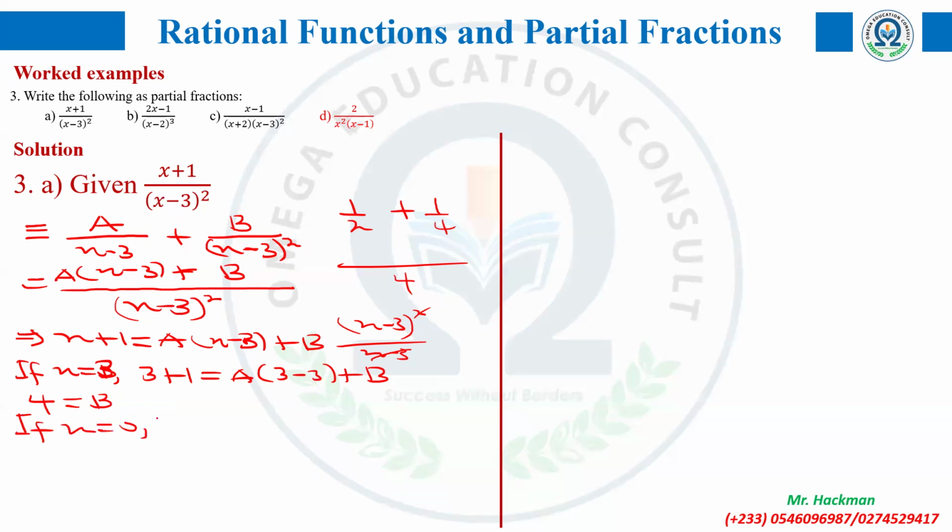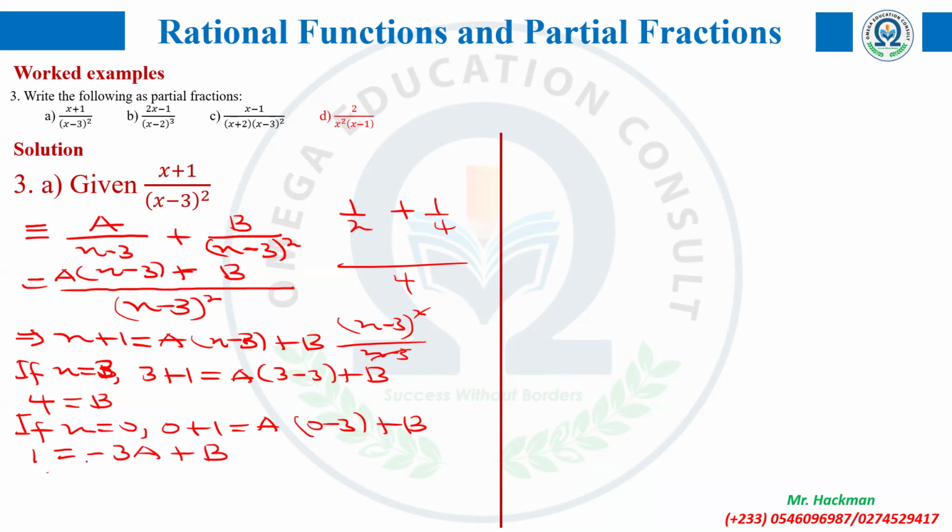So what do we get? 0 plus 1 will be equal to a into (0 minus 3), then plus b, which gives us 1 is equal to minus 3a, then plus b. All correct? Yes, sir. Okay, we know the value of b, so we can use that to solve for a.